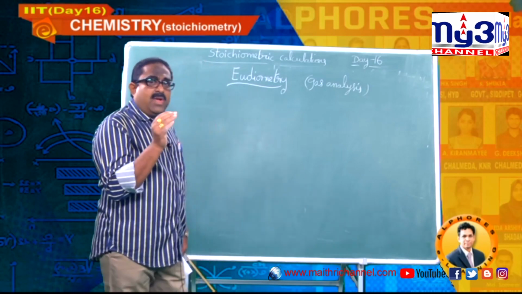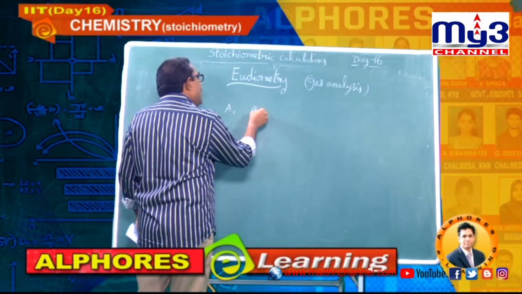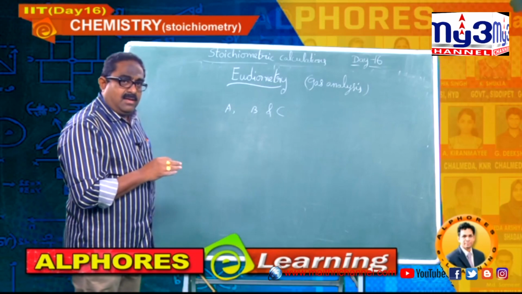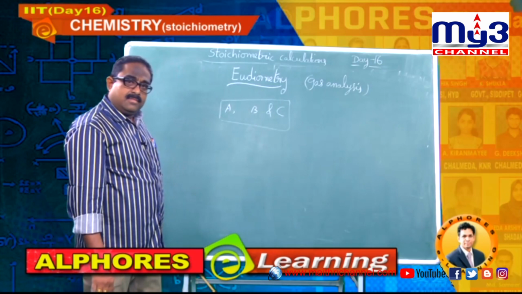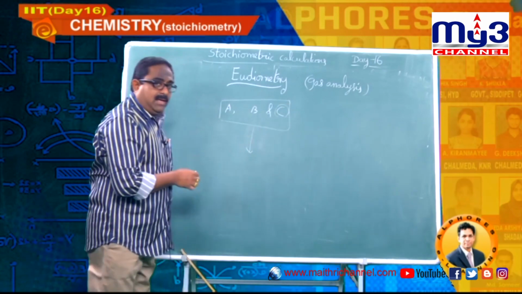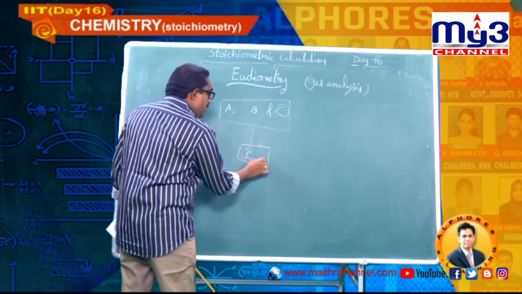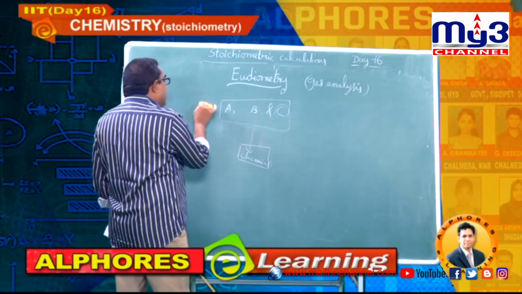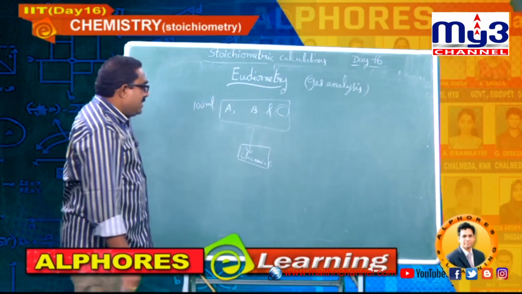Suppose you have a mixture of 3 gases A, B and C. We don't know, this is entirely a gas mixture. One of the gases, C, has a property of being absorbed into a chemical. The mixture is, say, 100 ml volume under similar conditions.